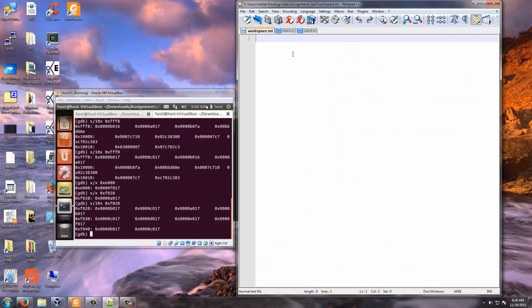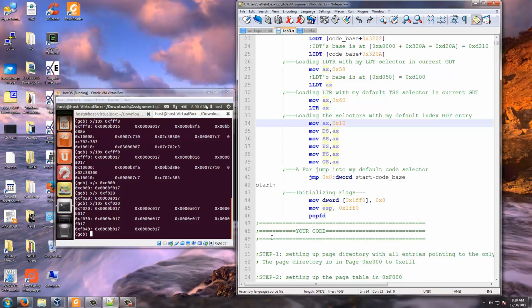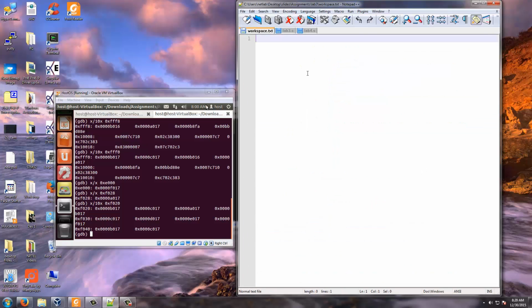So let us start having a workspace here. So now I am in line number 46. When I reach line number 46, your DS, FS, ES, GS, SS all are pointing to the 0x10 selector.